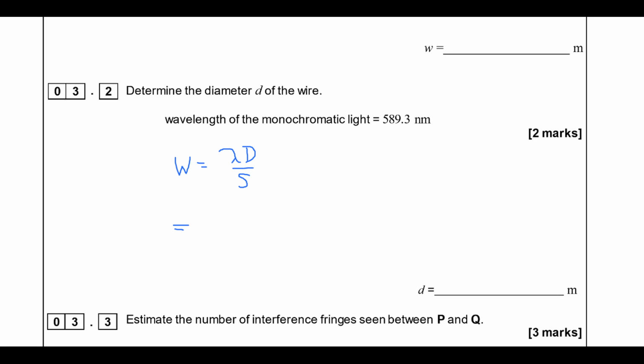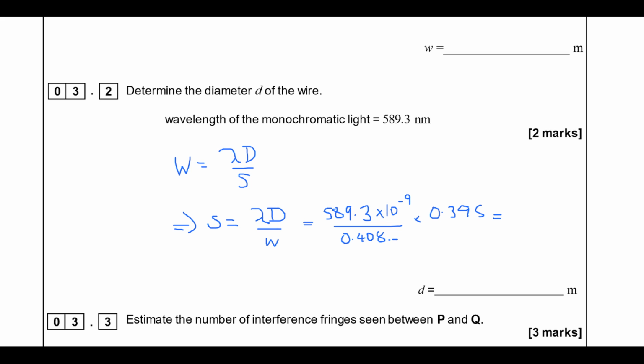And we said the cylinder is acting essentially as a double slit. So s is going to be lambda D over W. The wavelength is 589.3 times 10 to the minus 9. We've just worked out W, it was 0.408... and the distance has been given to us, so that's 0.395.